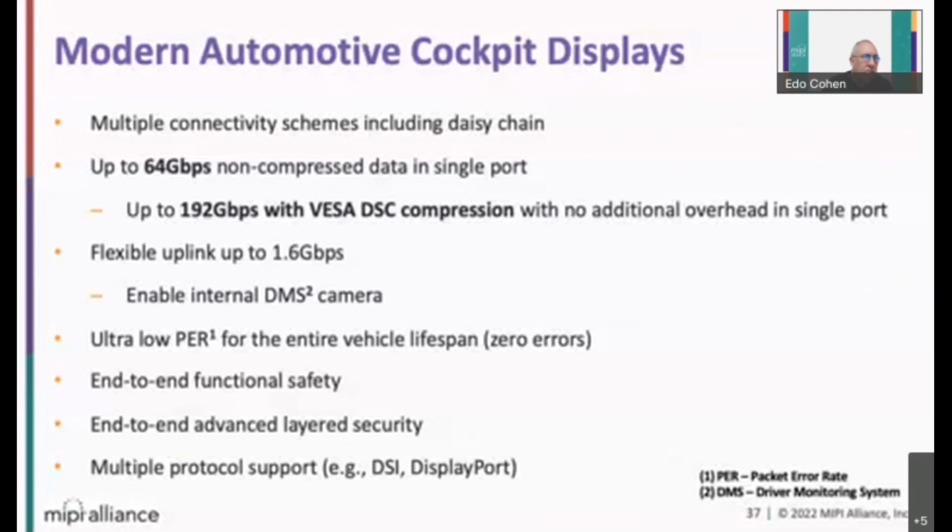So the A-PHY ecosystem supports multiple connectivity schemes, including and specifically for this kind of usage, the daisy chain. It can support up to 64 gigabit per second non-compressed data in a single port, and up to 192 gigabit per second with applying VESA DSC compression with no additional overhead in a single port.